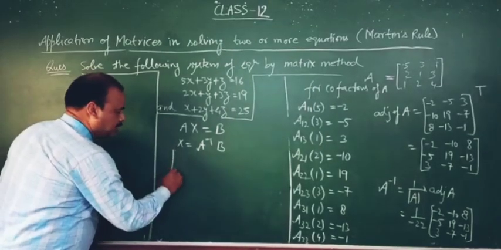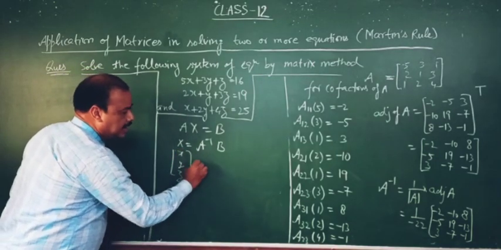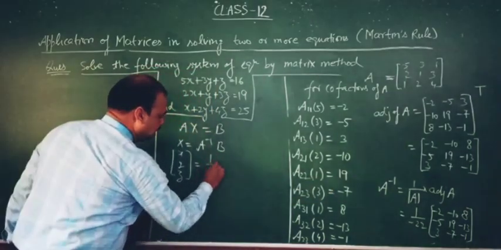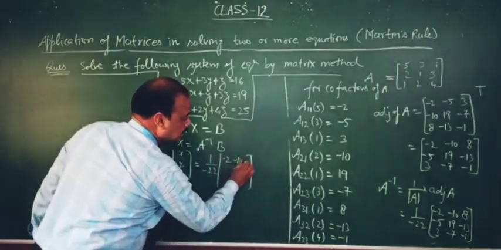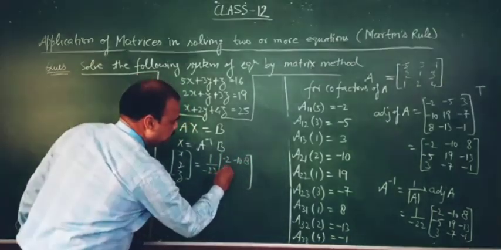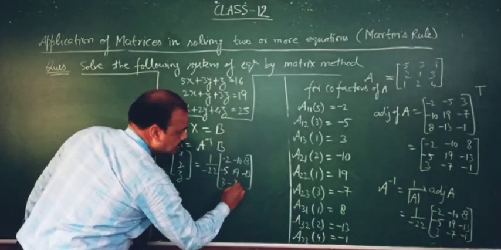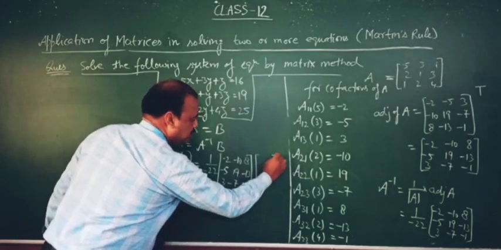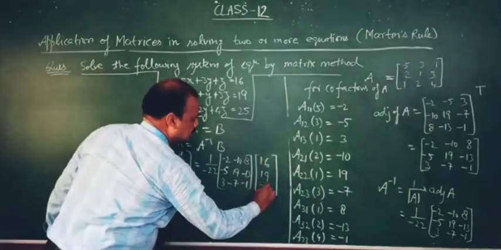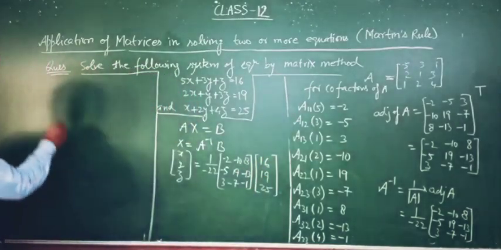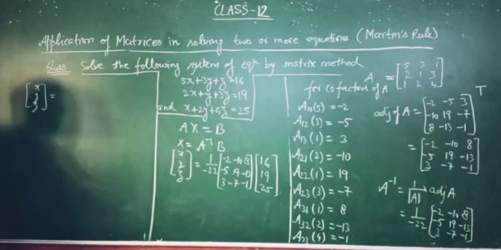Now X is the variable matrix, it means X, Y, Z, equals A inverse into B matrix, the matrix of constants, which is 16, 19, 25.